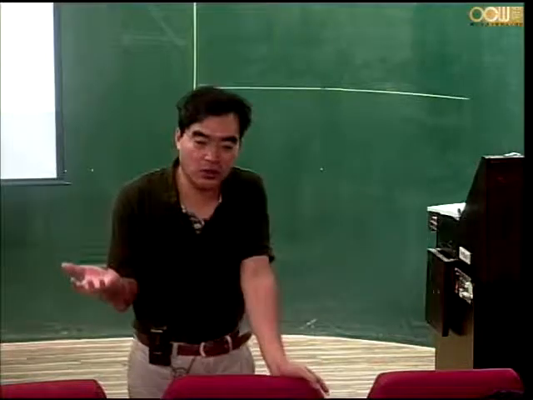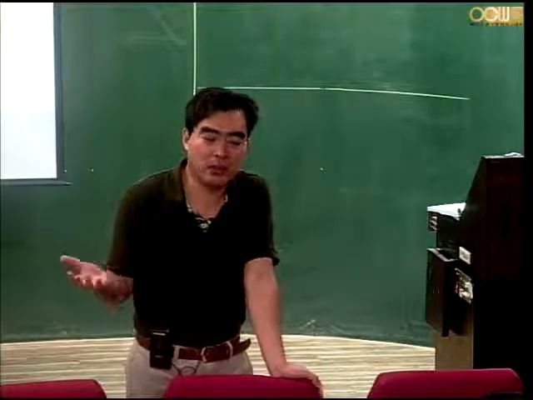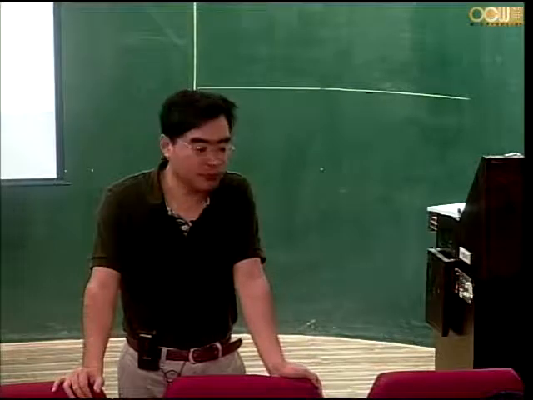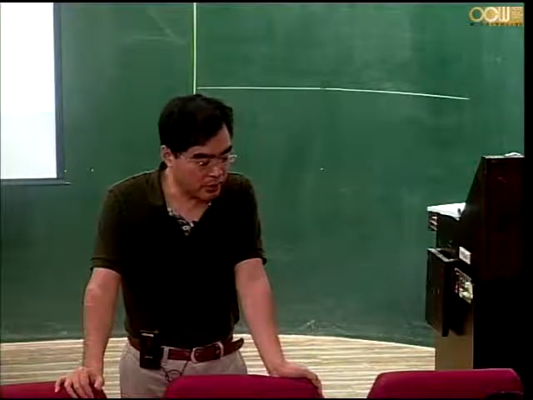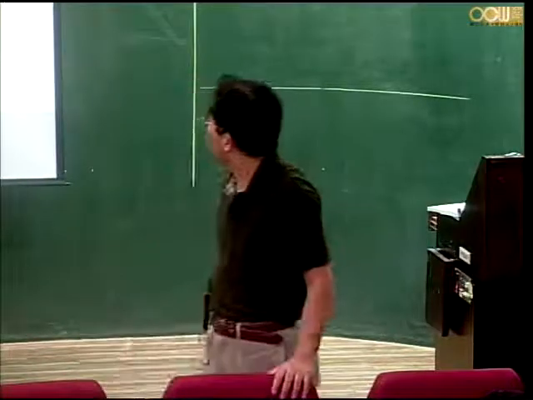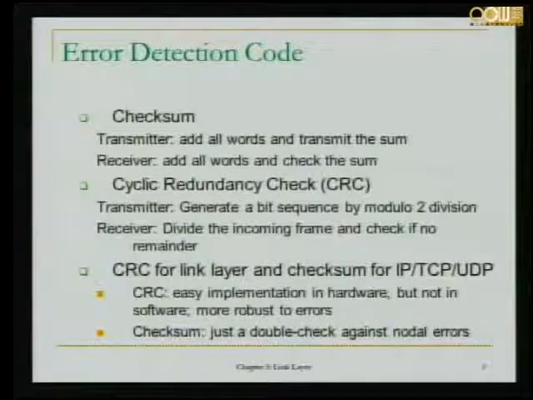However, CRC could detect multiple errors, so it's more robust to error. That's the first thing. And CRC is easy to implement in hardware but not in software, and checksum is easy in both hardware and software.